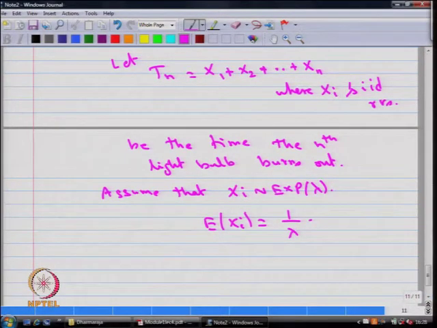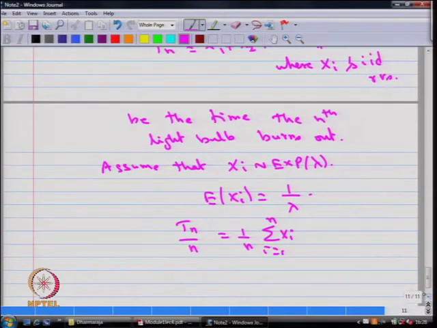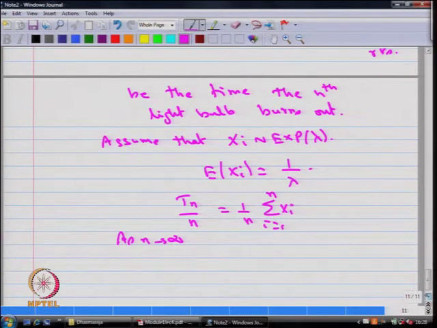Also, one can use the result Tn by n, that is nothing but 1 divided by n summation of Xi's, where i runs from 1 to n. As n tends to infinity, one can prove Tn by n tends to 1 divided by lambda, that is the mean of the random variable Xi, almost surely.